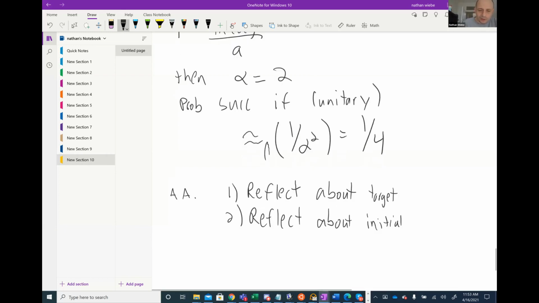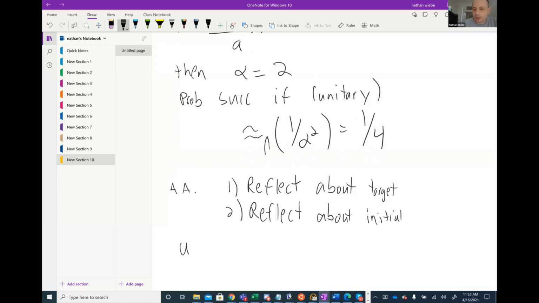And so this unitary that you need in order to amplify this success probability from 1/4 up to 100% is just going to be identity minus 2 |0><0| tensor |psi><psi|, because that's the reflection about the initial state.